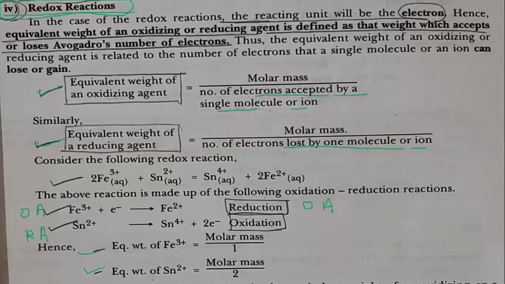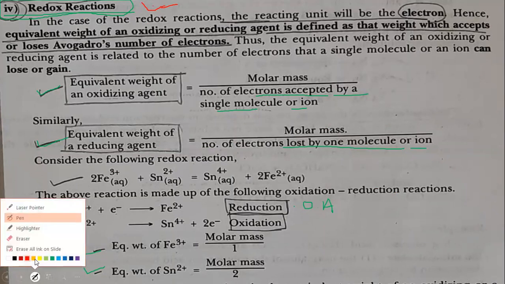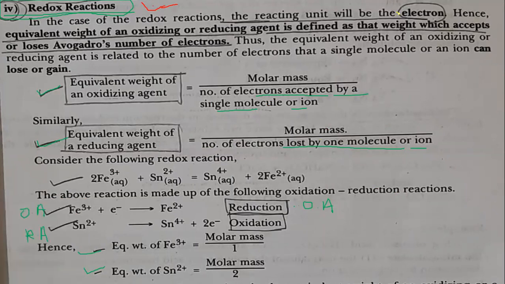We'll see that again. Now see, if there is a redox reaction, reduction and oxidation occur simultaneously. Now here in this case, as you know, what is a redox reaction? It's a gain and loss of electron. Right? So you are now focusing on the electron.